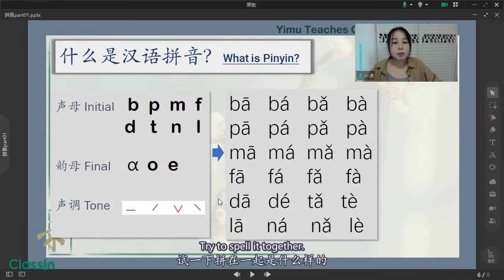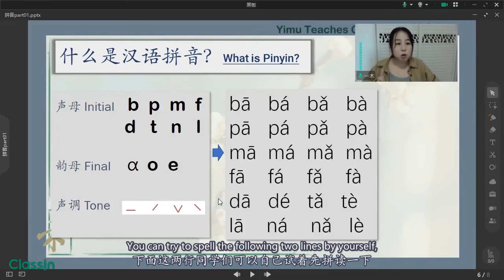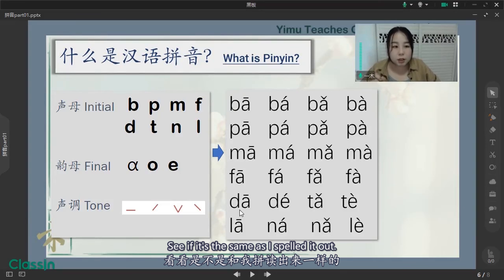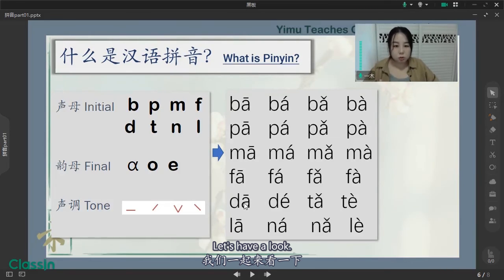Try to spell it together. You can try to spell the following 2 lines by yourself. See if it's the same as I spell it out. Let's have a look.